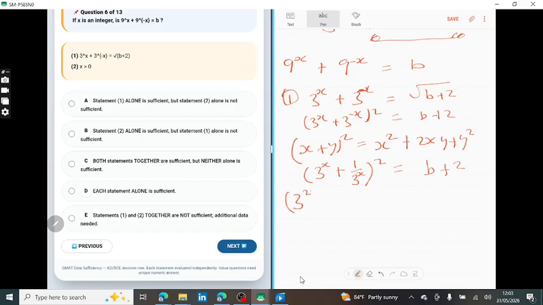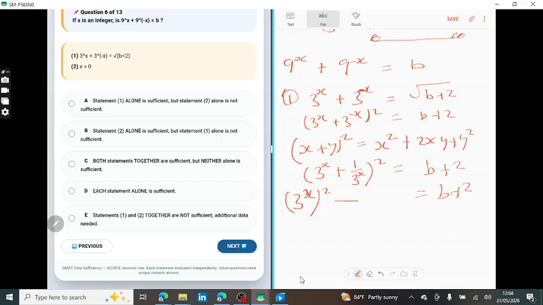Just to fulfill righteousness, it is actually something like this plus something like this equals b plus 2. If we square this, I have not put the middle value, 2 times s times y. So I need to put the middle value.